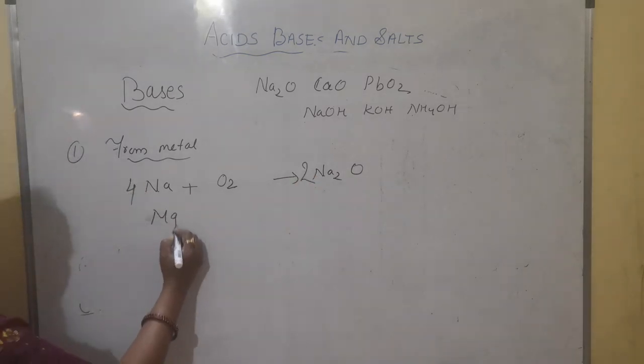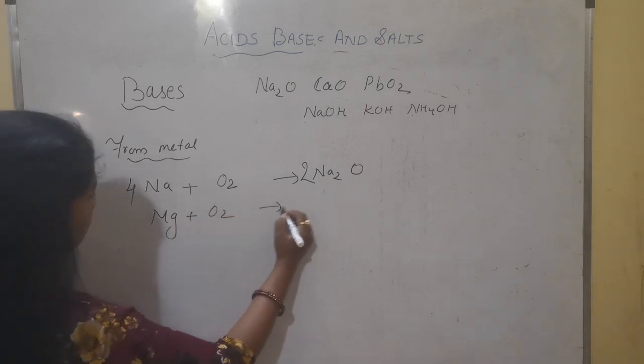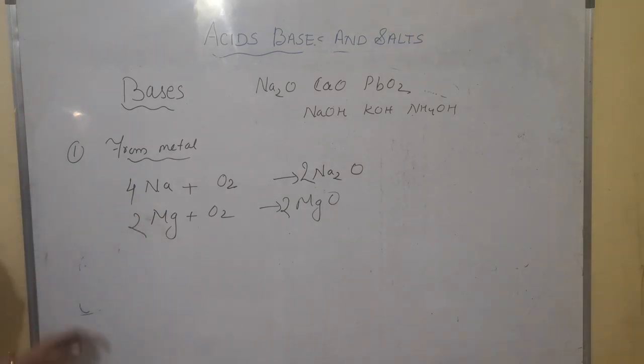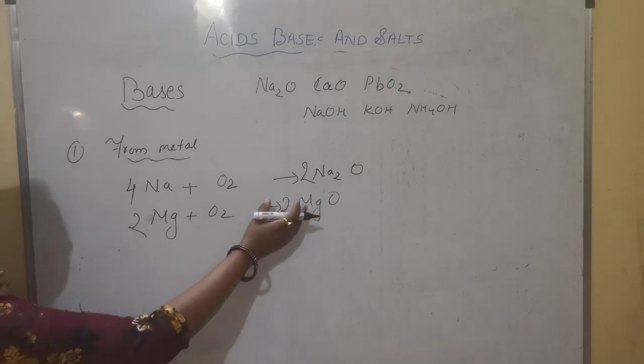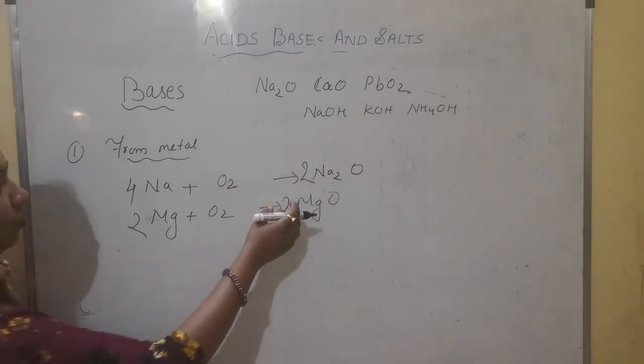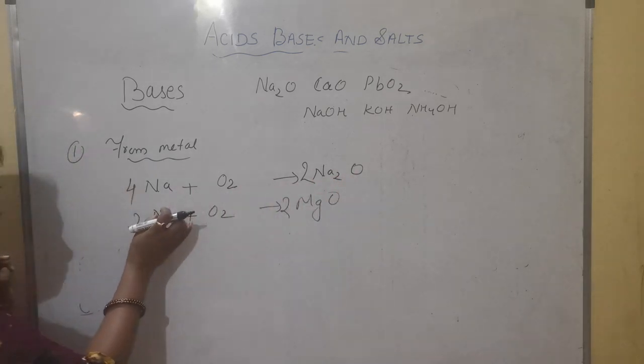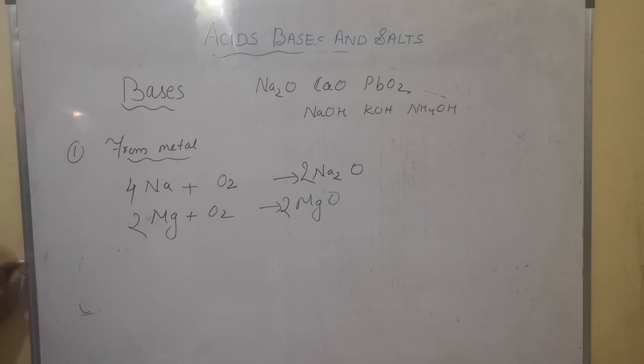Similarly, magnesium oxide. Metal oxides are all bases, we know that. So metal plus oxygen is metal oxide. Just combine both of them.